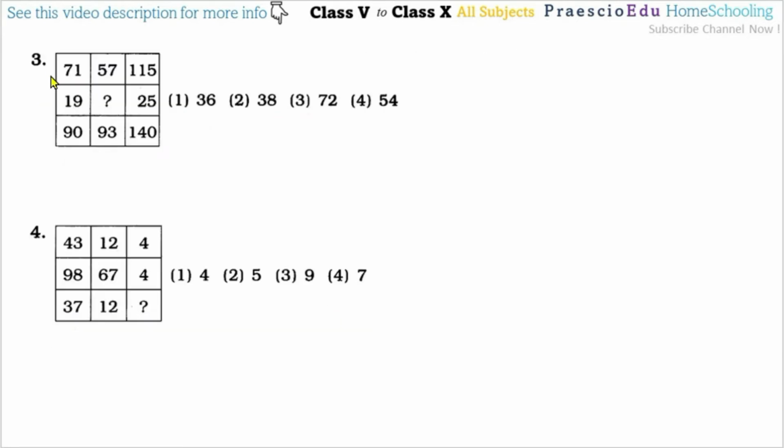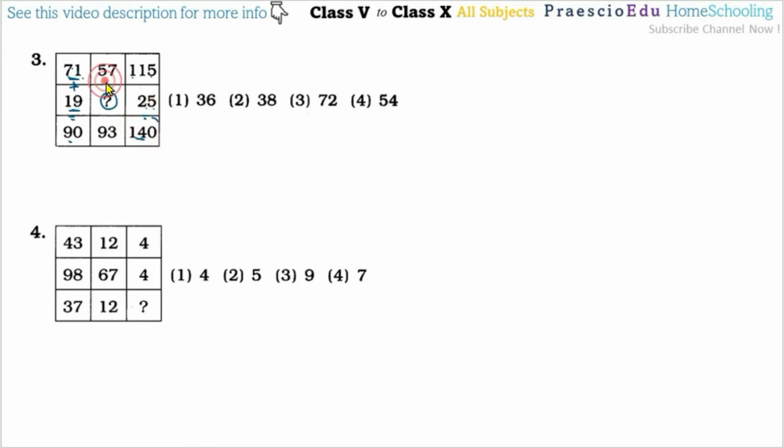Then question number 3. The question mark is here. The logic behind this one: this number is 71 and this 19. If you add these two numbers, we get this 90 as the addition. Same here, 115 plus this 25, we get 140.